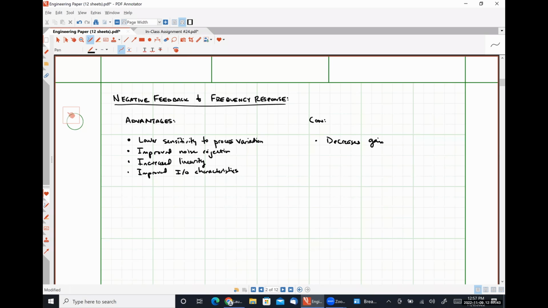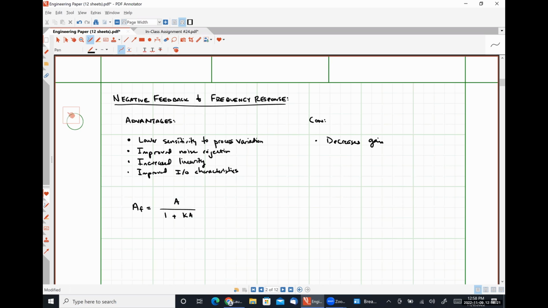So we learned in electrical engineering 336 that if we decrease the gain of our system by employing negative feedback, so if we have some gain with feedback, AF is equal to A, our open loop gain, divided by 1 plus KA, where just for nomenclature's sake, KA is the loop gain, and 1 plus KA is the amount of feedback.